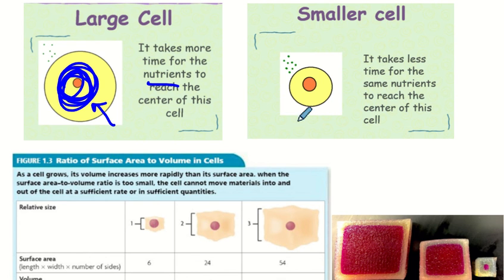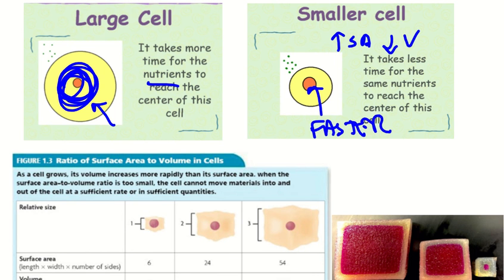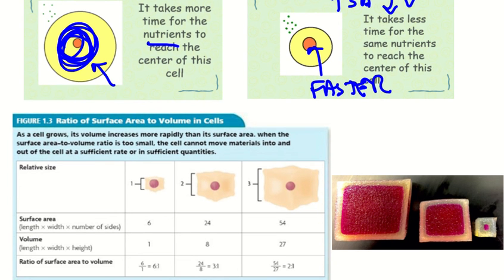If it is small, that means we have more surface area, less volume, and what happens then is it gets to the center faster. So it takes less time, and chemical reactions can occur faster, and the cell can maintain homeostasis much more efficiently.